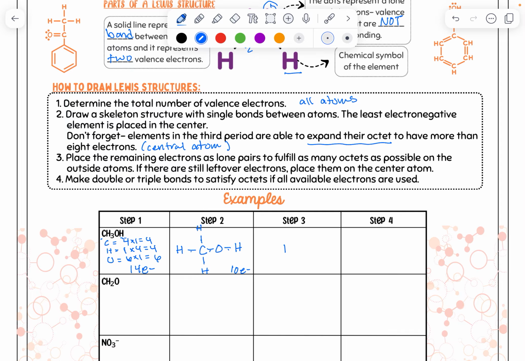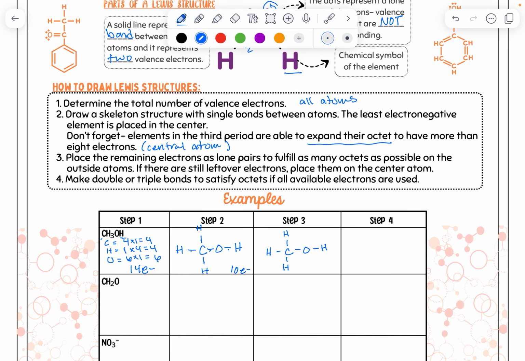So now I'm going to redraw this. So I have carbon, I have hydrogen, hydrogen, hydrogen, oxygen, and hydrogen. Now, remember, I can only have my octet rule, meaning I can only have 8 electrons on my central atom unless it is in the 3rd period or more. And then all my other elements have to satisfy the octet rule as well.